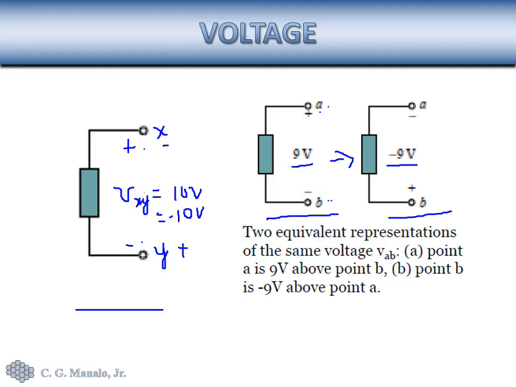If you want to show the voltage across an element, it is always necessary to label the terminals and show the initial polarity of those terminals, and write the voltage as V, for example, with a subscript that is indicative of the labels of those terminals. So in this case, for this drawing, we have V sub XY.